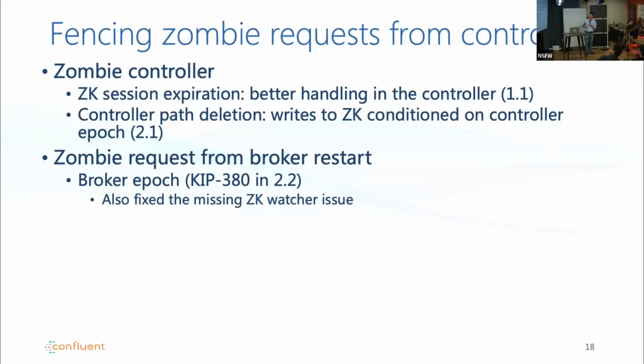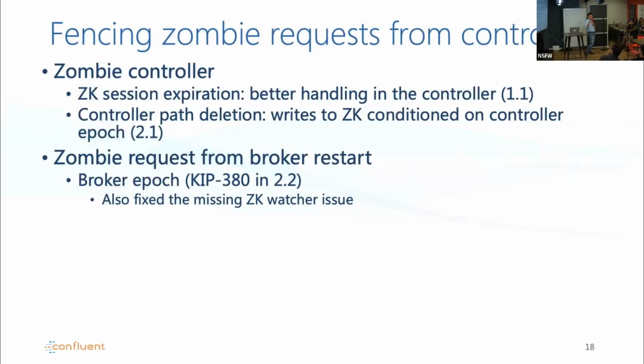This is done by a couple of things. One is we added a little bit of logic in how the controller persists its metadata to Zookeeper. With the change in Kafka 2.2, for a controller to successfully write a value to Zookeeper, you have to make sure the controller epoch you cached in memory matches the controller epoch that's actually written in Zookeeper.